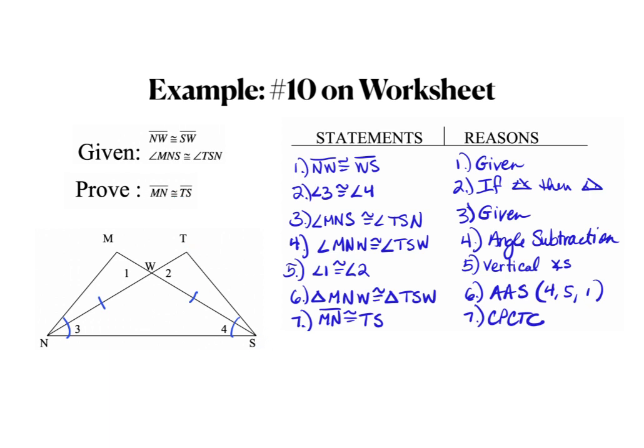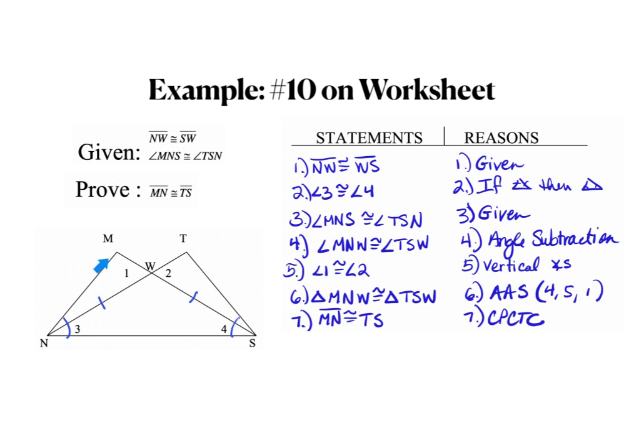One thing that can be hard to do when you have overlapping triangles is pick which triangles are going to be helpful in making what you're trying to prove possible. So looking at this, I can see that I want to show that MN is congruent to TS. That's part of this little triangle here. It's also part of this larger triangle there. Same thing with this guy.